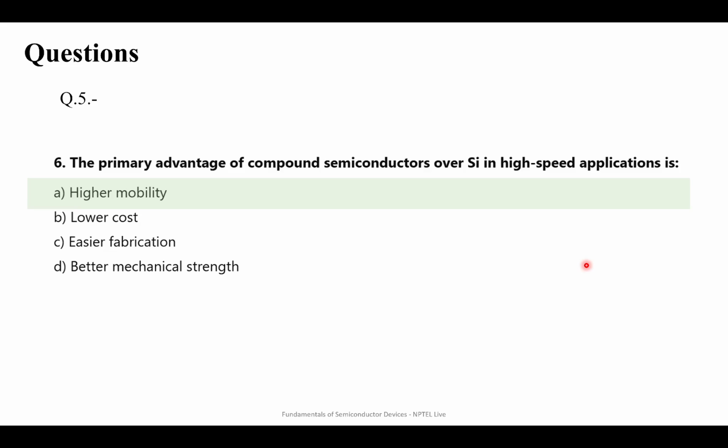The thing is, silicon fabrication processes are very well defined, so silicon is lower cost and much easier to fabricate compared to compound semiconductors. But still, there are some limitations of silicon which are fulfilled by compound semiconductors. Hence, they are being used.